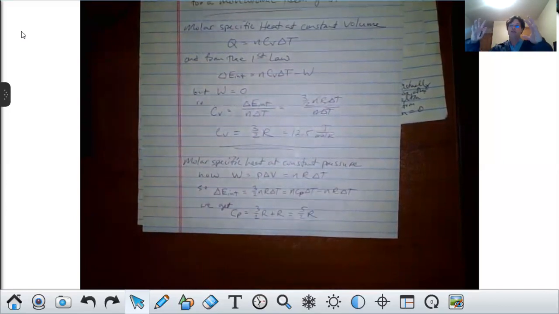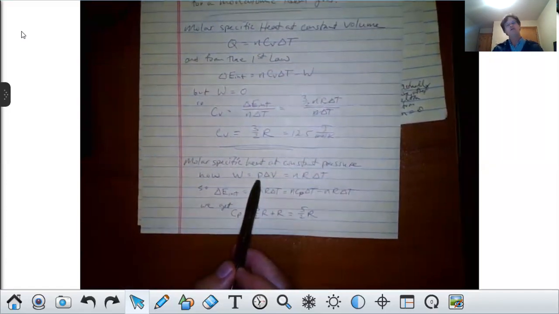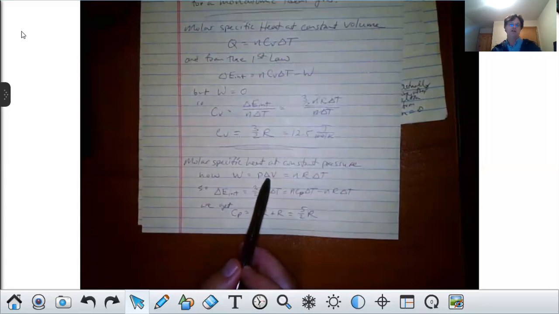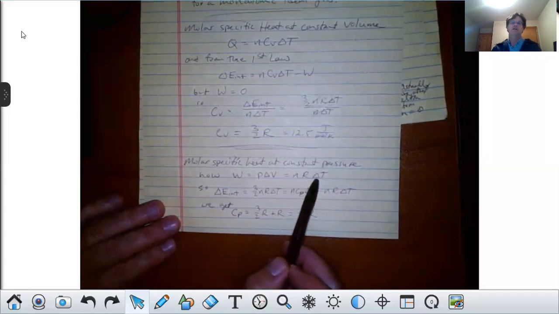If it expands, the volume is not held constant. We're just holding the pressure constant. But we recall from the definition of work, in that case, it's just pressure times change in volume. But the ideal gas law is PV = nRT, which in this case would be nR delta T. So our work is just nR delta T in this case.